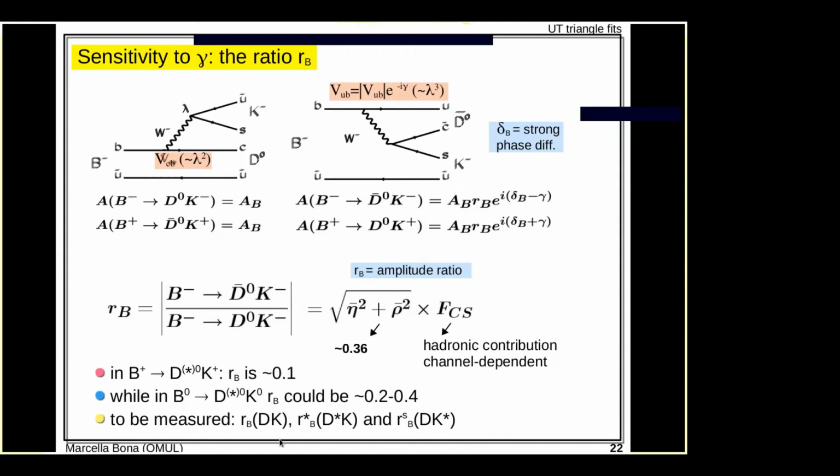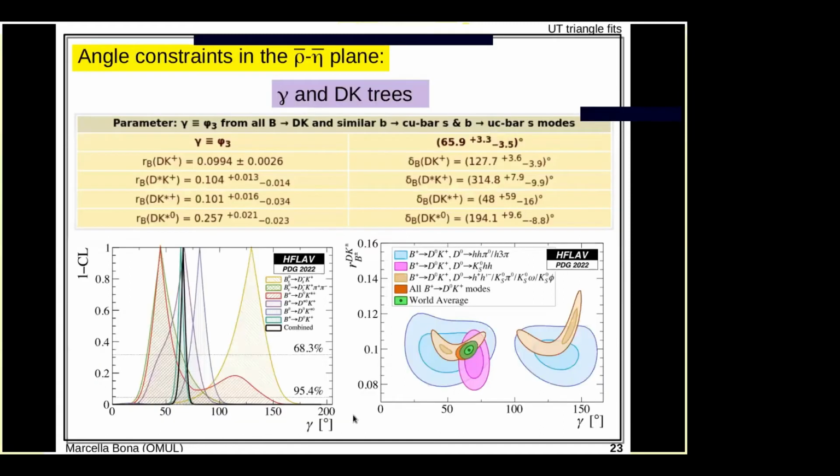Some methods are even more sensitive to this ratio than to gamma, and they're still very useful because these are key components. So you have to extract all of them.